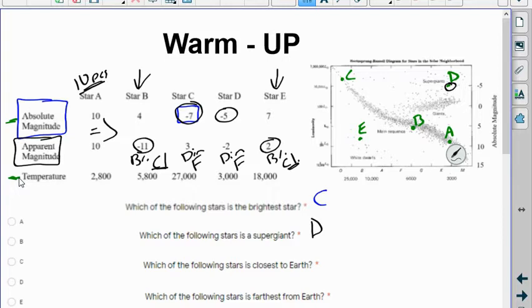But then I have to figure out which one of those two is the closer. And so I'm going to look at the difference between these two numbers. The difference here is 15. And I look at this one, the difference here is 5. So again, if I think of a number line, this is 10 parsecs away. Here's the Earth.